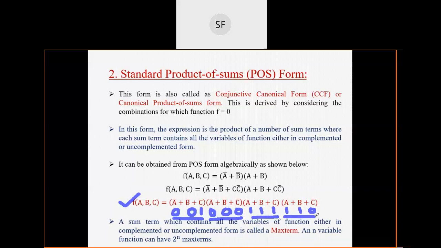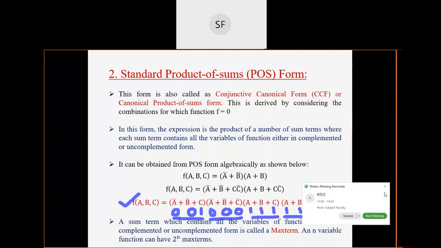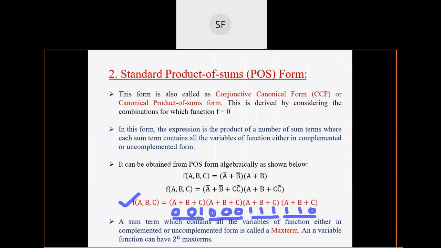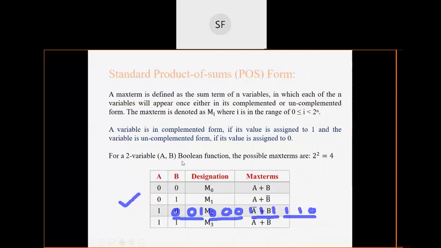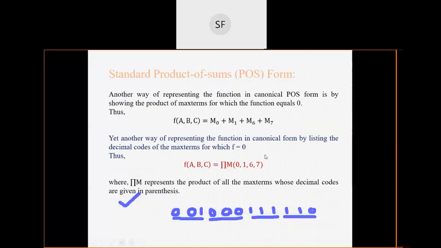Hence a total of 4 max terms are present, and these max terms are nothing but M0, M1, M6 and M7. So out of a total of 8 possible max terms, 4 max terms are present here, and I have written these max terms here: 0, 1, 6, 7, where pi of m represents the product of all max terms whose decimal codes are given in the parenthesis.